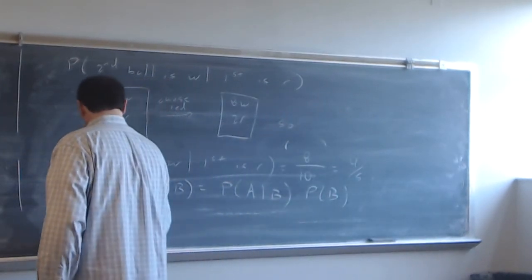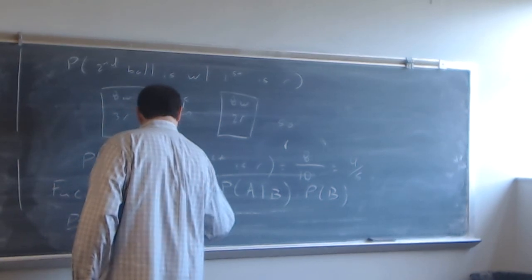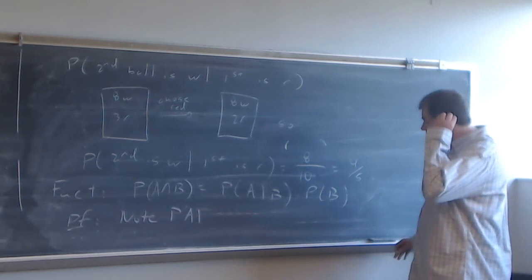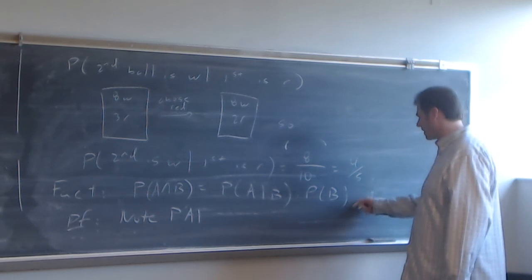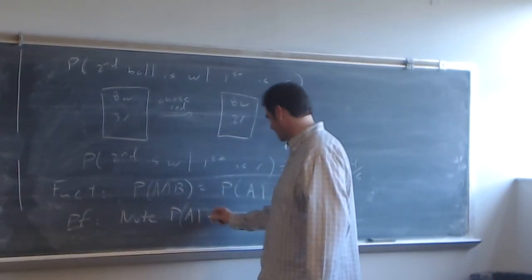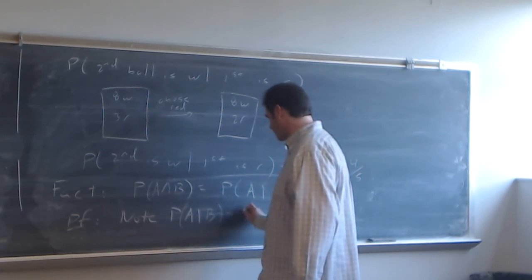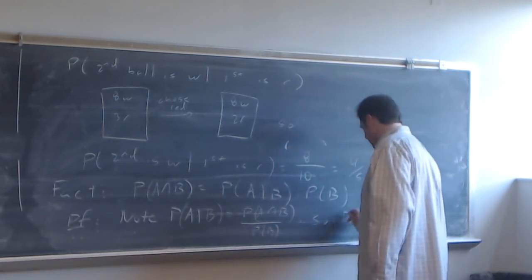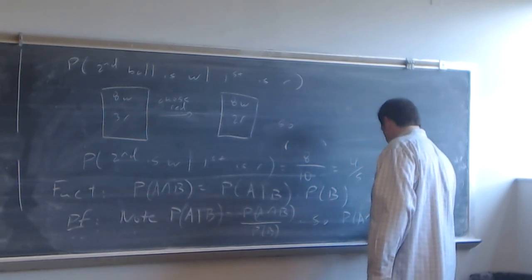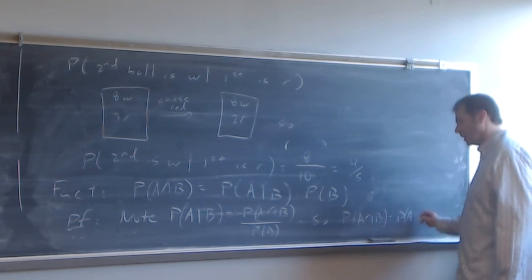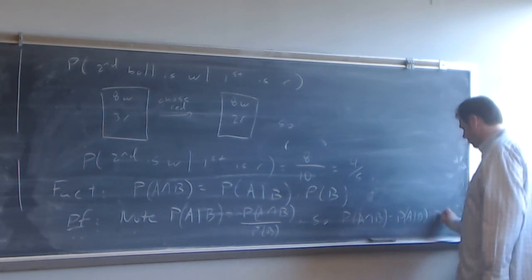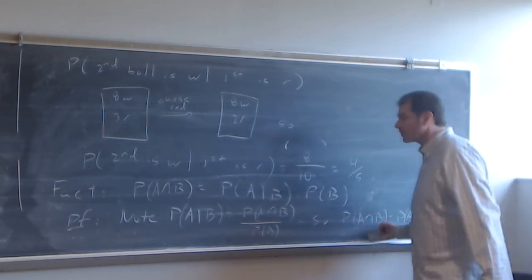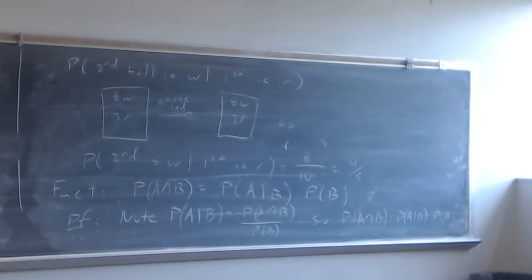I'll give a partial proof very quickly. The probability of A given B is equal to the probability of A intersect B over the probability of B. So the probability of A intersect B equals the probability of A given B times the probability of B. Here we're assuming that the probability of B is non-zero.